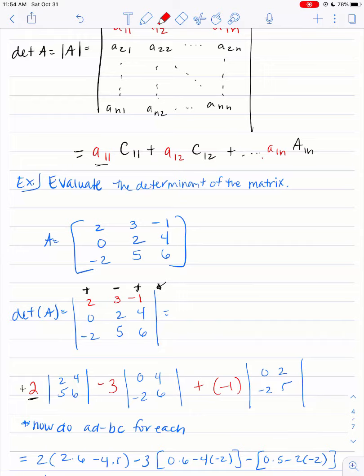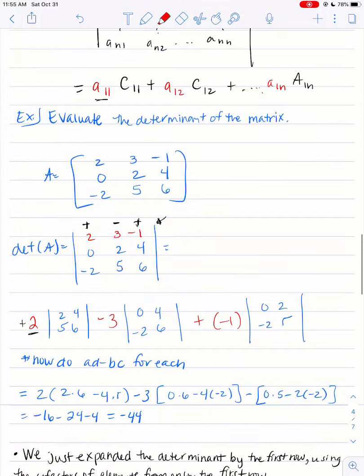So it's just going to be plus -1 times the minor matrix. So I'm going to cover the column -1 is in and the row it is in. And then I'm left with 0, 2, -2, 5. Okay. Let me leave a note: cover the row and column each red element is in to obtain the minor matrix.